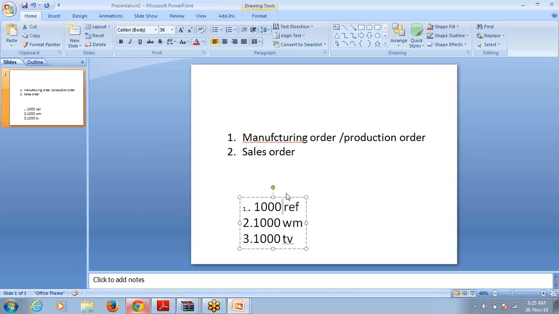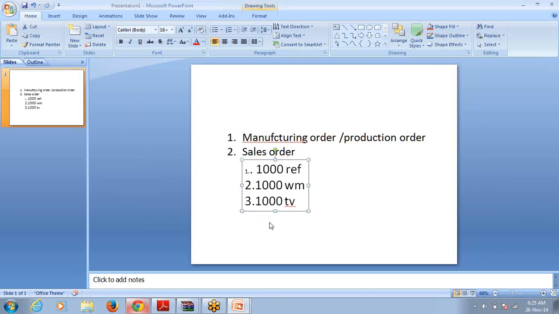Yeah. So a sales order can be considered as a cost object. Then a sales order item also can be considered as a cost object. Sales order item means what? This is the sales order, right? In this, this is the first item, this is the second item, this is the third item.